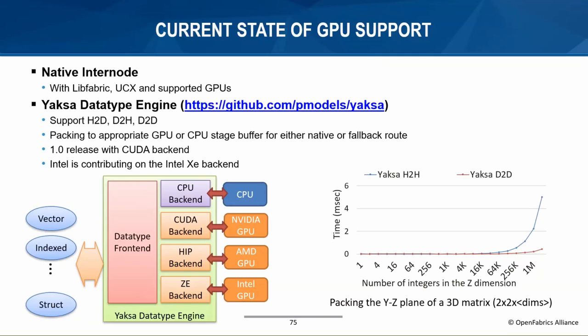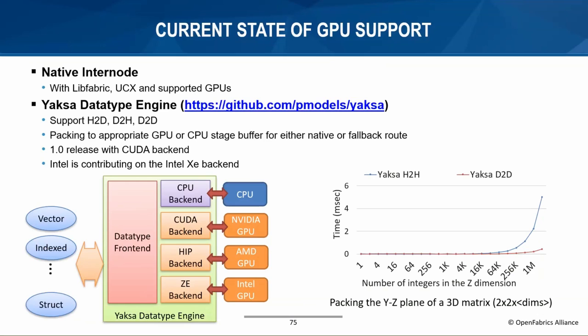What the backend provides is not only the capability to access the GPU buffer in the data type engine. It also provides a set of GPU kernels for packing using the GPU. So the packing can actually happen and be driven on the GPU side.